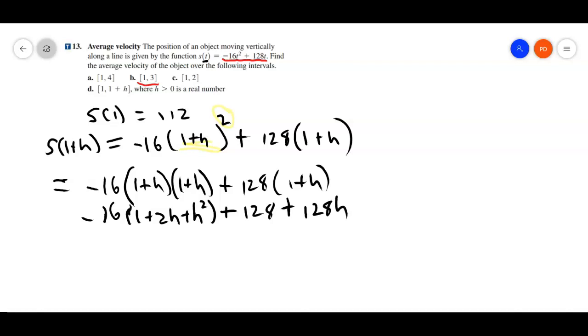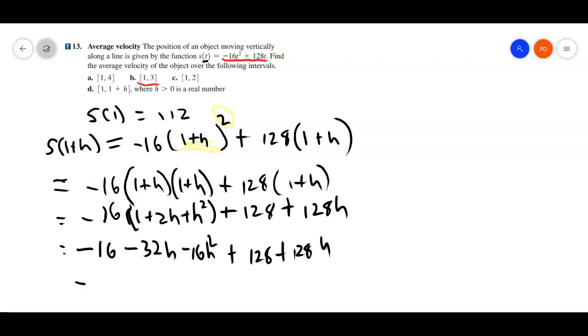Okay, so now I'm going to distribute this negative 16. I get negative 16 minus 32h minus 16h squared plus 128 plus 128h. When I group like terms, negative 16 plus 128 is going to give me that magic 112.